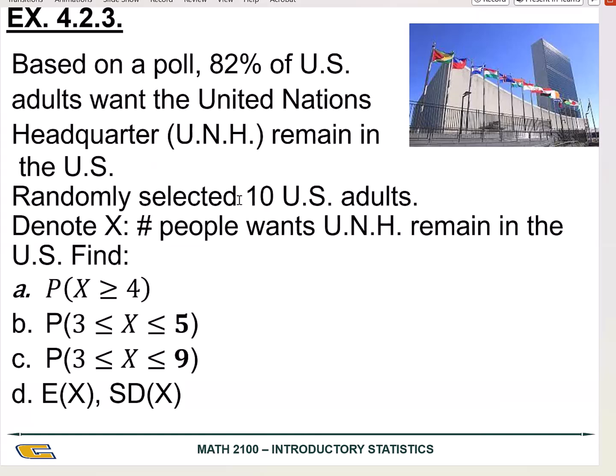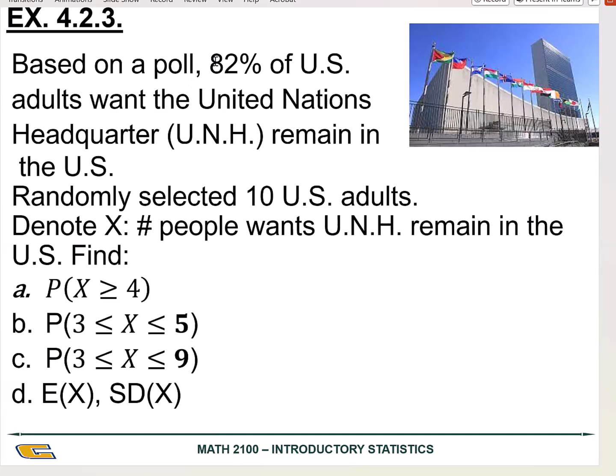The second condition: we have two outcomes, people either want the UNH to remain here or not. And the third condition: the probability of success and failure is the same for each trial. Here, because we have 82% of U.S. adults wanting the UNH to remain in the U.S., which is the underlying truth given to us.